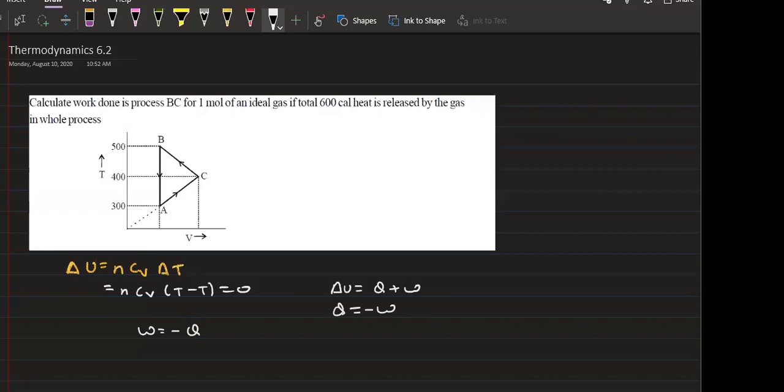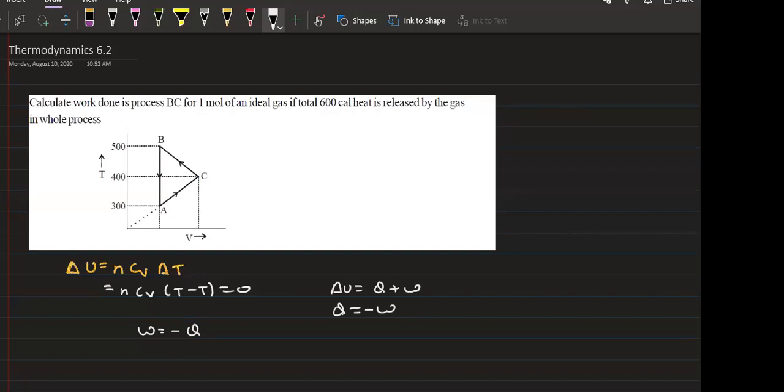Now, in this problem, it is already given that you have to calculate the work done in process BC, if total 600 calorie of heat is released in whole process. This is your BA. BA is your isochoric process, so no work is done in BA.